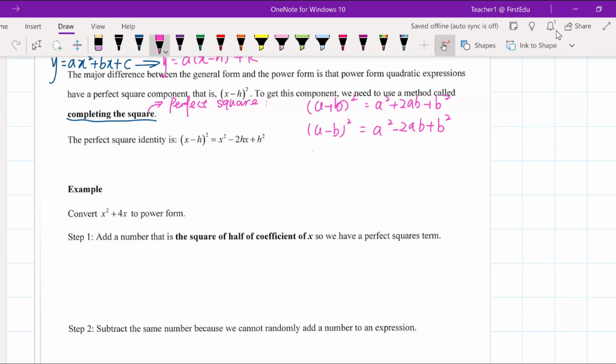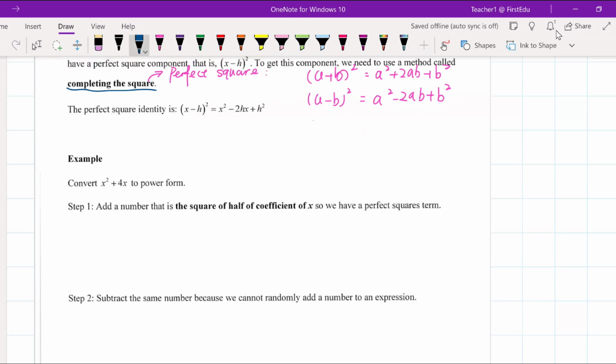So given that we have x squared plus 4x, this is general form, and we want to turn it to power form. The first step is we are going to add a number that is the square of half of the coefficient of x. Coefficient of x means the number in front of x. So what is the coefficient of x in this case?